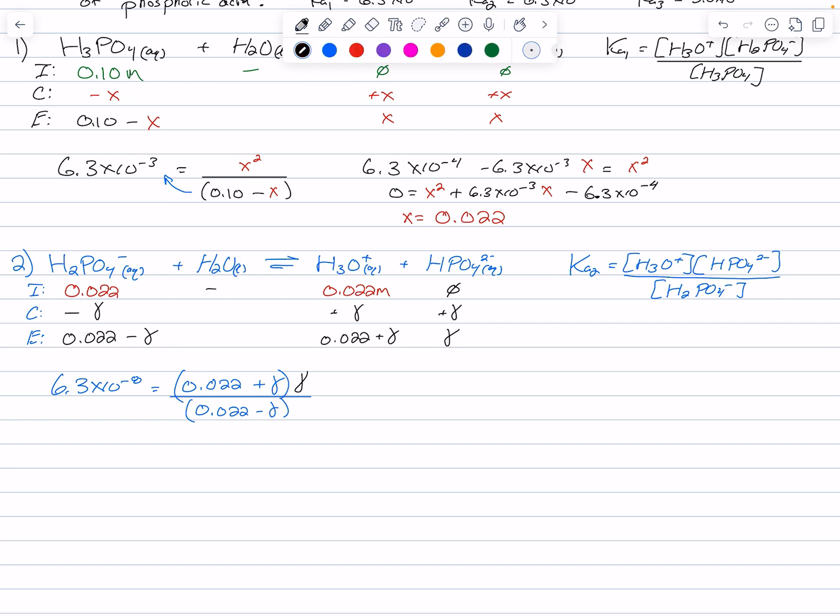And so to do that, I'm just going to put 0, 0. All right. So this is approximately equal to 6.3 times 10 to the minus 8 all over 0.022 all over 0.022 times gamma.